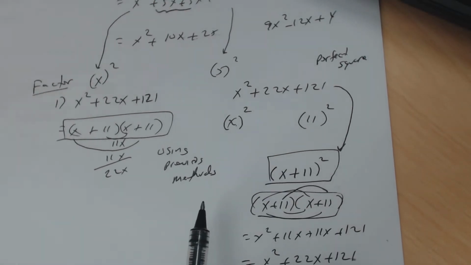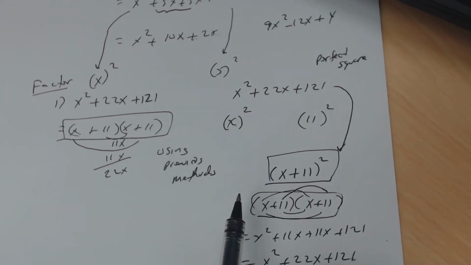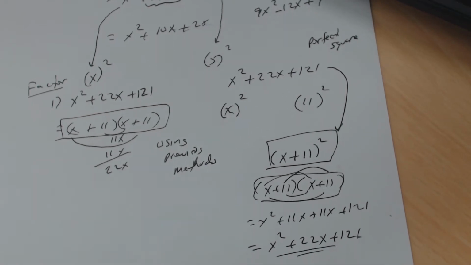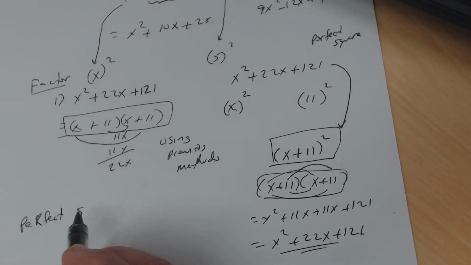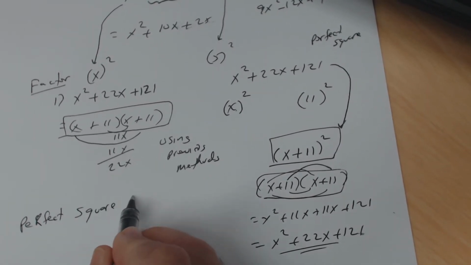Now here's what a perfect square trinomial looks like in general. It'll look like this. Perfect square trinomial.